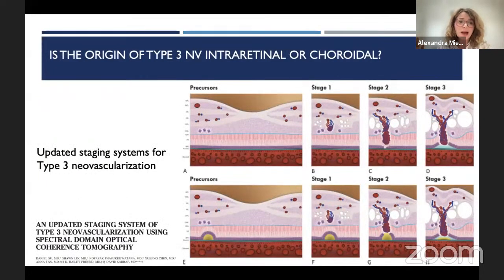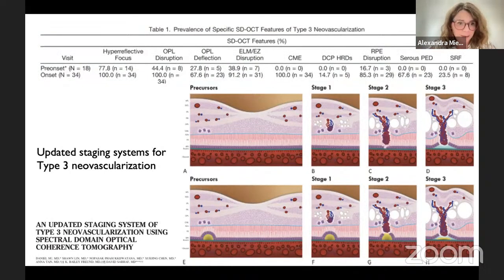This has led to an updated staging system for type 3 macular neovascularization, as you can see here from this article from David Sarraf and Daniel Su, in which precursors located in the DVC will progress through different stages towards the outer retina and implant into the sub-RPE space into thick basolaminar deposits.